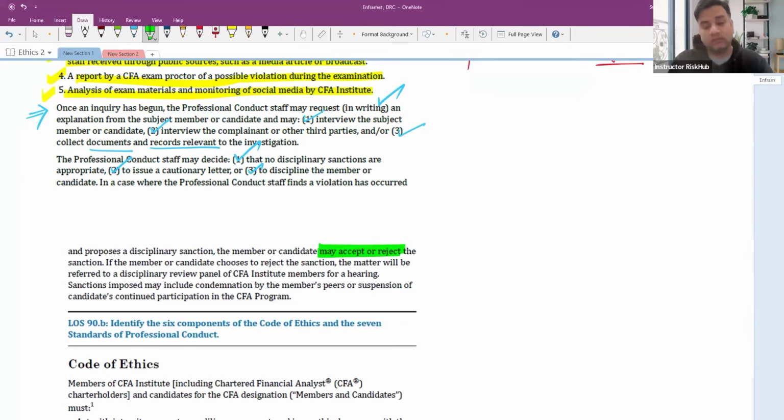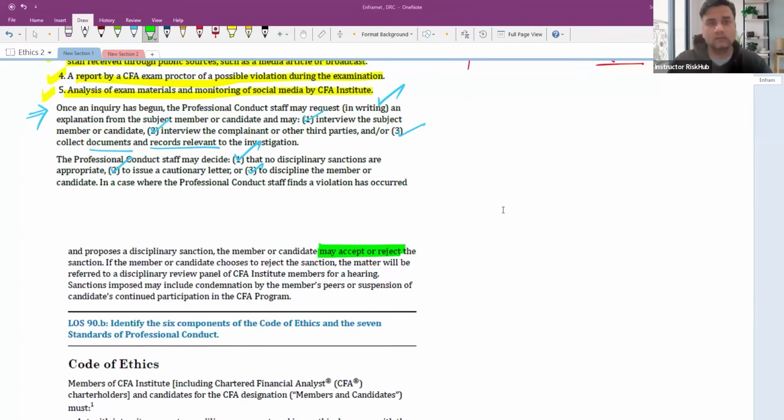All right. If rejected, it goes to the DRC, the Disciplinary Review Committee hearing panel, right? So you may accept or reject, right?